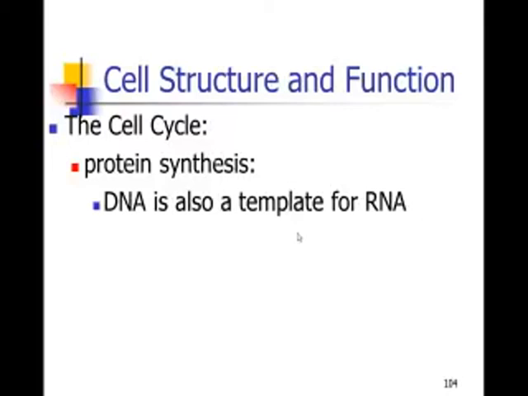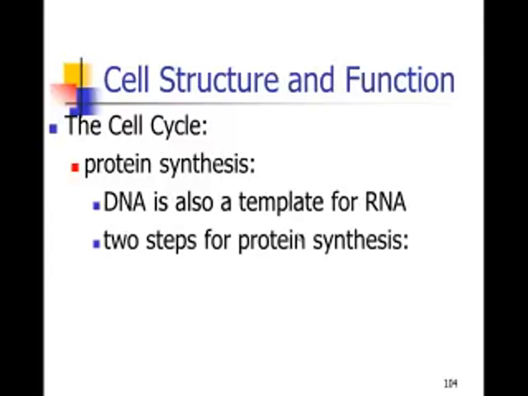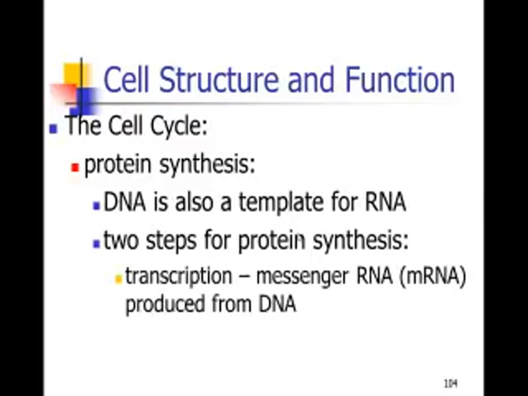The DNA serves as a template for the synthesis of RNA. So it has a code, if you will, defined by the exact sequence of the nucleotides within the DNA. And there are going to be two steps in protein synthesis. First, we have transcription.